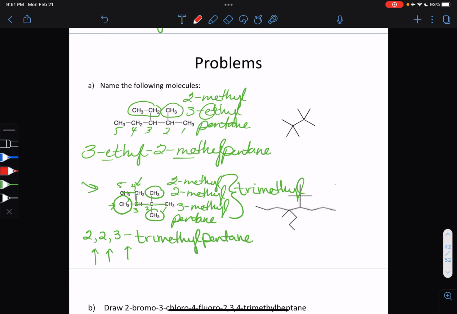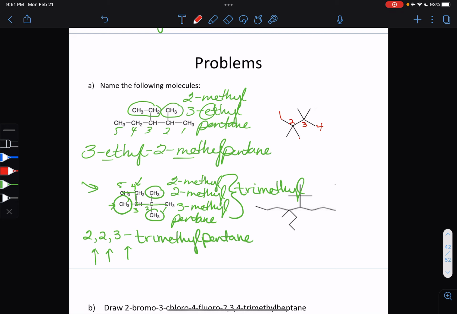So we've seen this little dog looking thing before. So we've got 1, 2, 3, 4. And it's going to be the same no matter which way you number this one. It just is. Go ahead and pause it and try a bunch of different ways, and you're still going to get that you have a couple of methyl groups off of carbon 2 and a couple of methyl groups off of carbon 3.